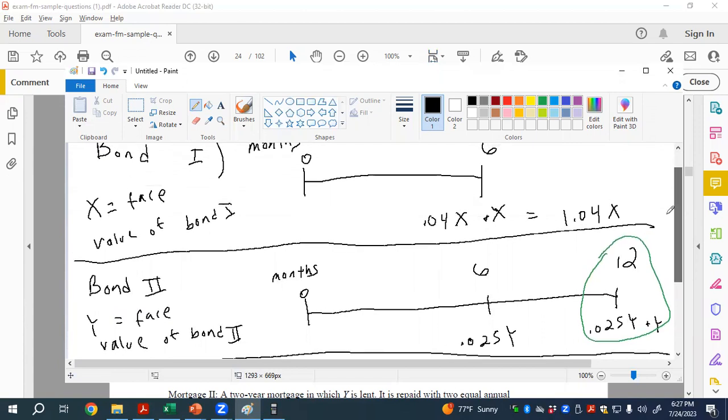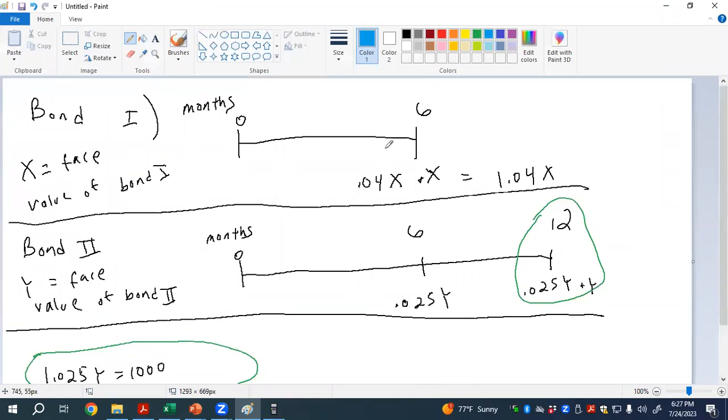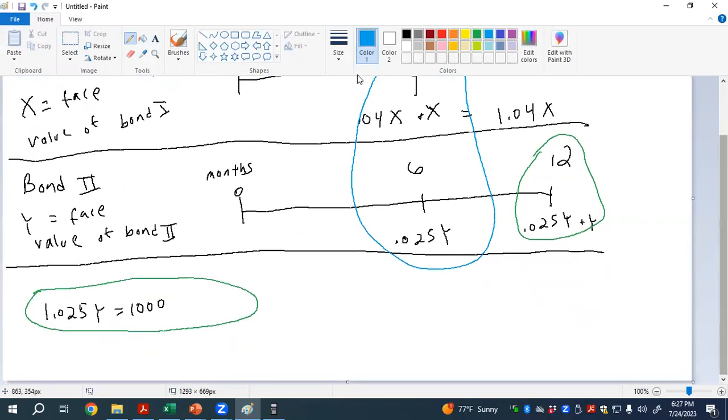For the 6-month liability, which I'll do in blue, we have these two right here. So we have x and y that'll help us achieve the 1,000 liability due in 6 months. I'll do that in a moment.